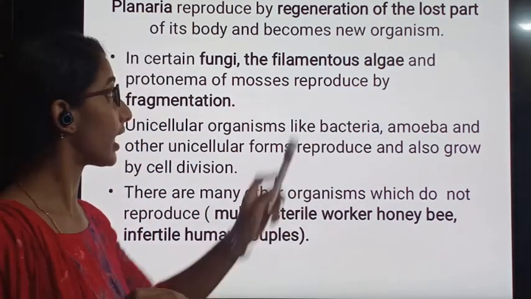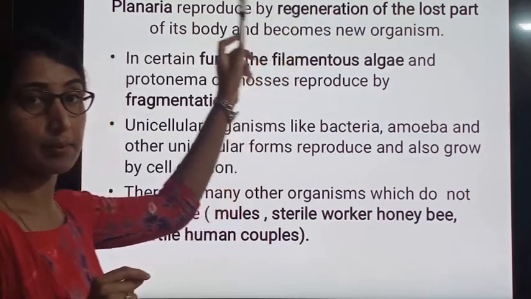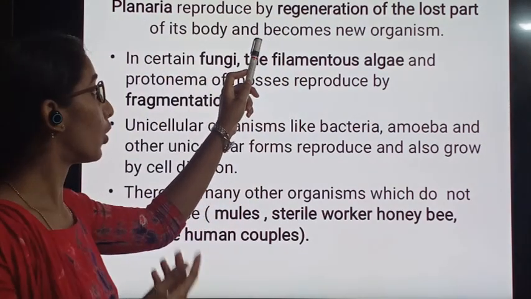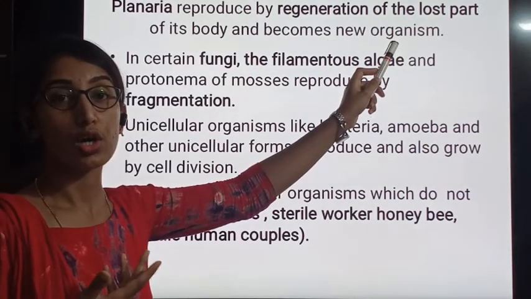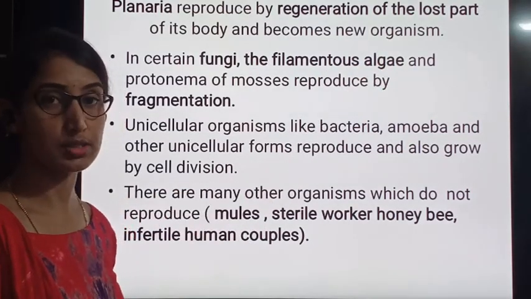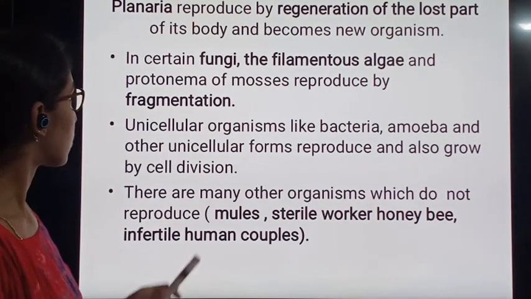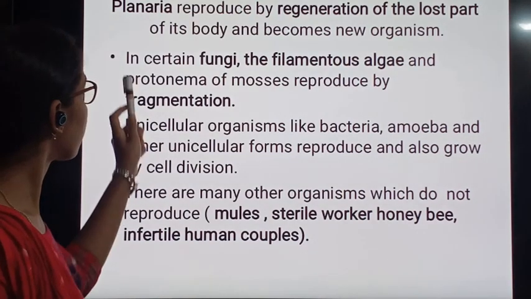That lost part can be regenerated by this organism and it develops into a whole body, becoming a new organism. So that can also be taken as an example for asexual reproduction.